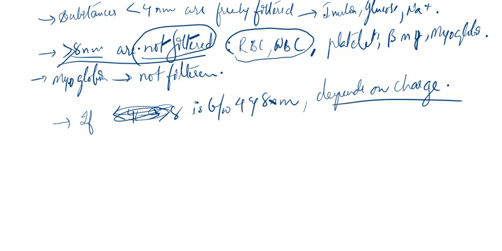I will tell you one example. You take albumin. What is the size of albumin? 7 nanometers, right? So albumin can be filtered by size, because anything less than 8 nanometers can be filtered.